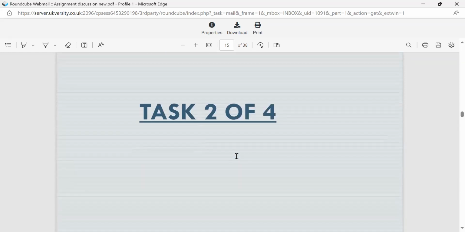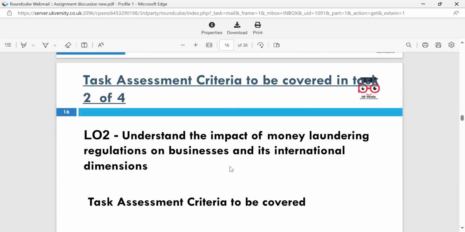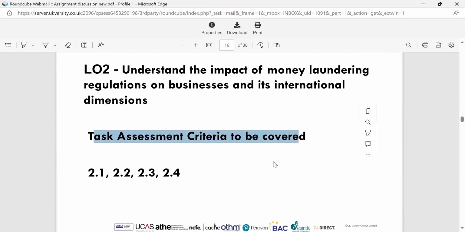Now we're going on to task 2 of 4. Task 2, assessment criteria to be covered by Learning Outcome 2. Understand the impact of money laundering, regulations on businesses and its international dimensions. So this task will be covered by Learning Outcome 2, and the task assessment criteria to be covered are 2.1, 2.2, 2.3 and 2.4.